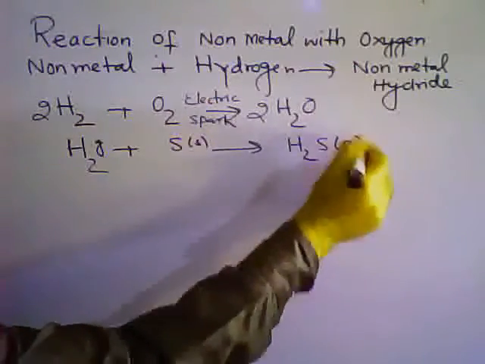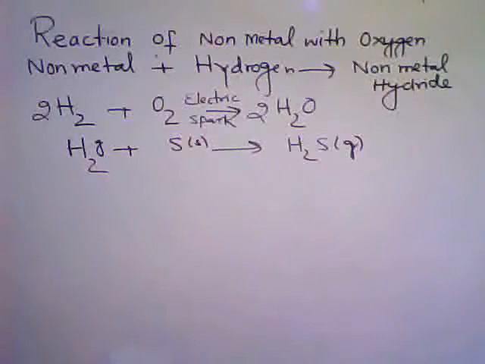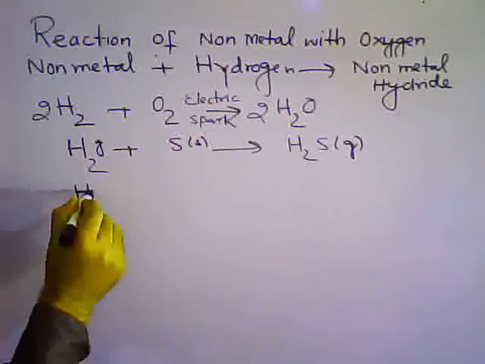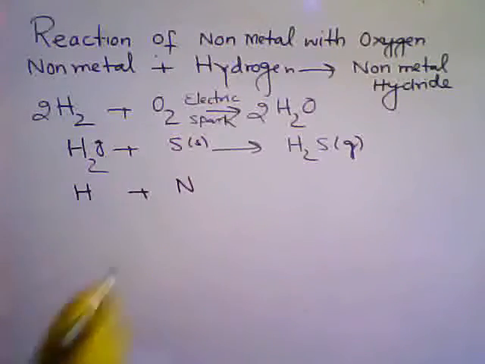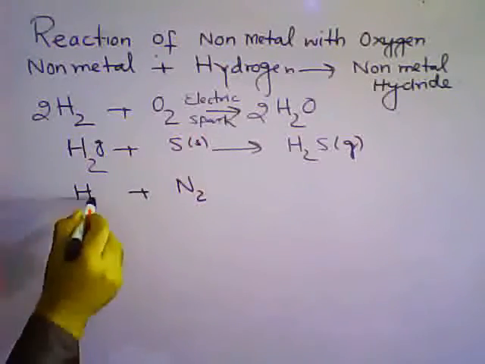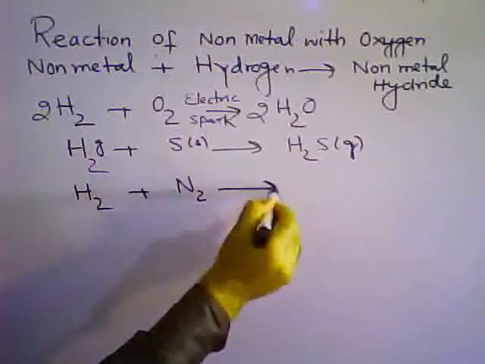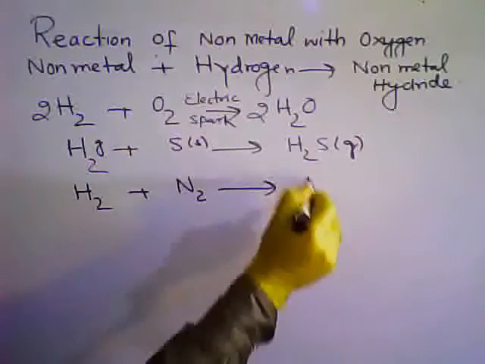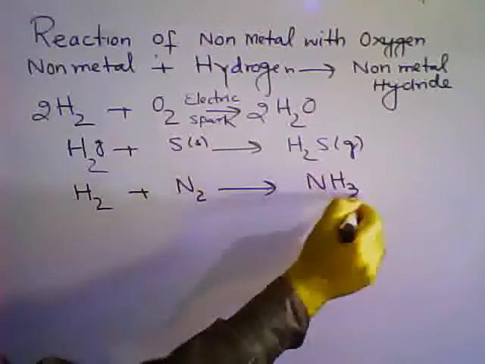Now if we take the reaction of nitrogen with hydrogen, both are in diatomic form, and it forms a hydride, NH3. This is ammonia.